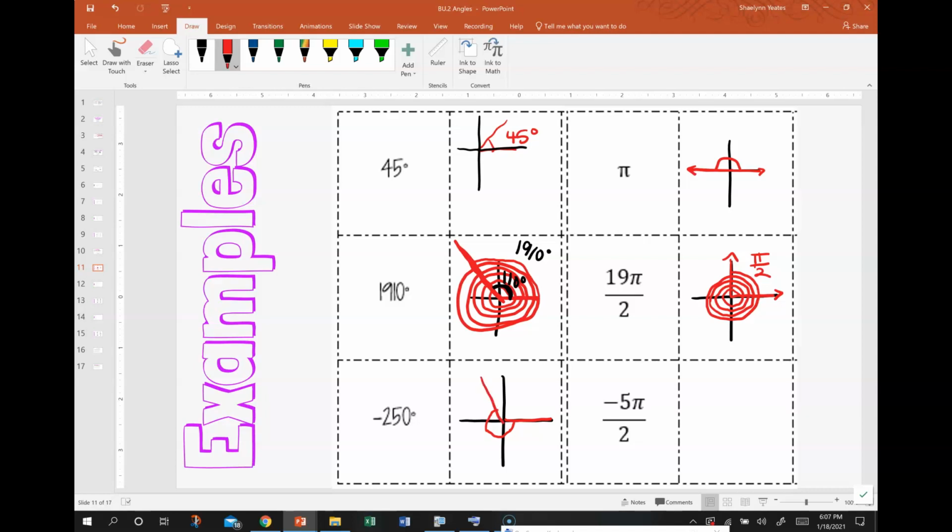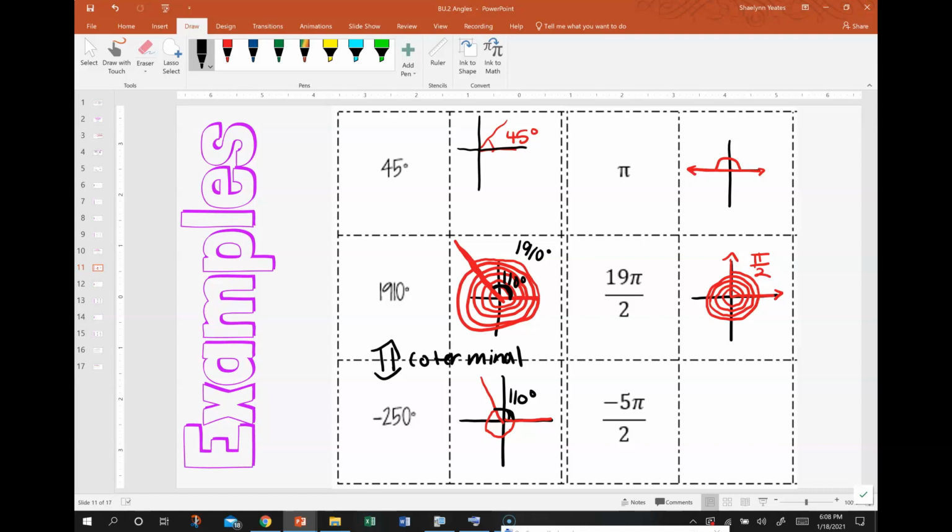It's like there it is. And this is the same as 110 degrees. So these two are coterminal, because they end at the same place. Their original angle is 110 degrees.